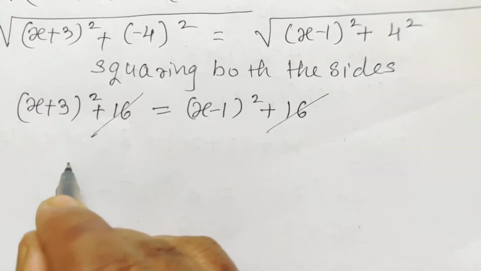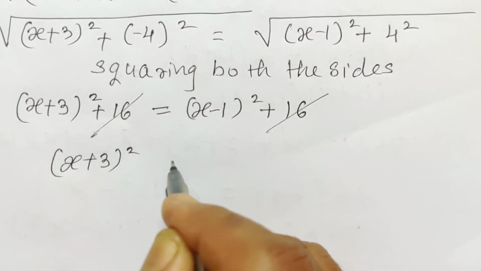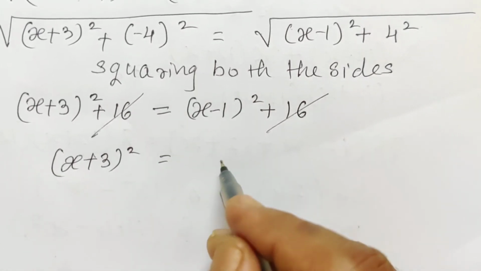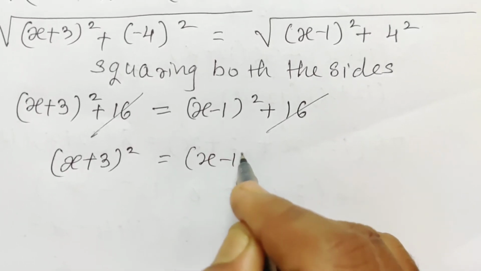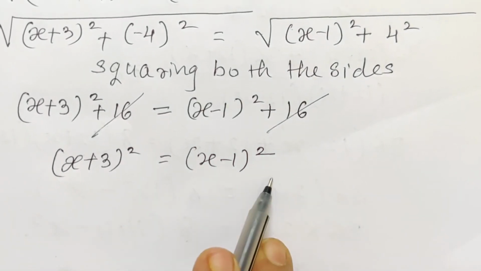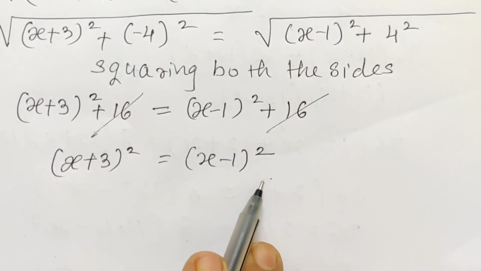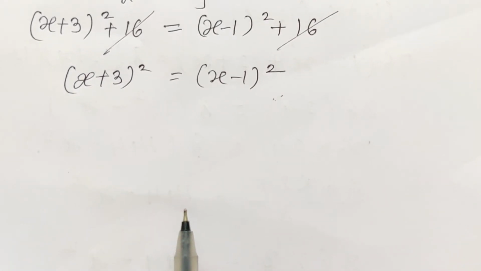You will get x plus 3 bracket square equal to x minus 1 bracket square. Now we'll expand these two brackets with the help of the identity a plus b bracket square.